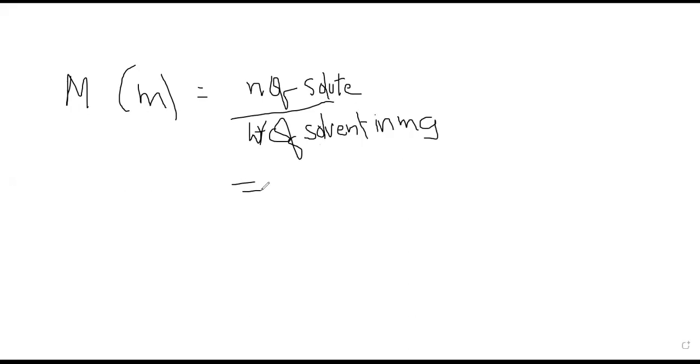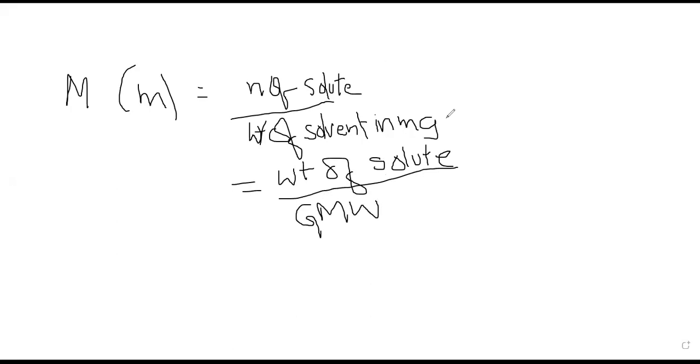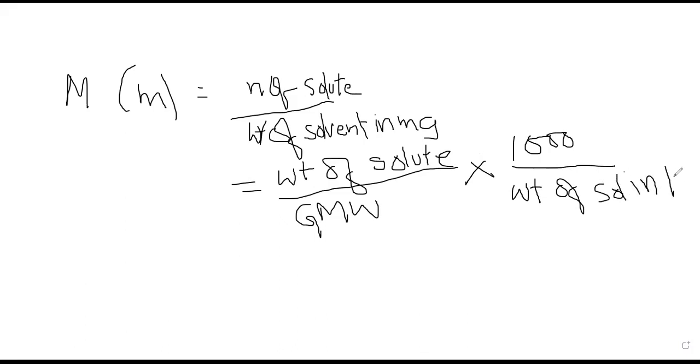Molality is equal to the weight of solute, the number of moles of solute, divided by the gram molecular weight of the solute, into 1000 by the weight of solvent in grams.